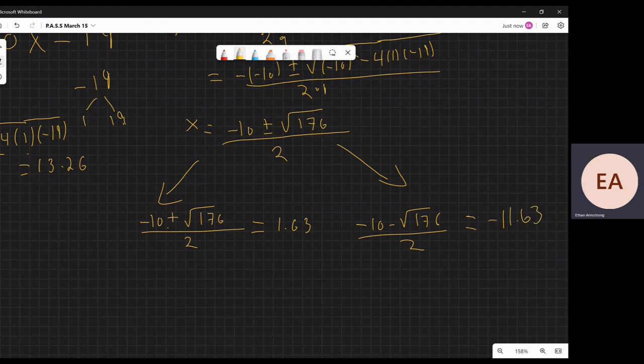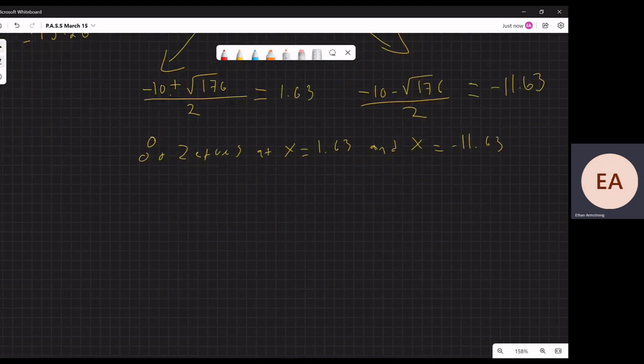So that means our zeros are at x equals 1.63 and x equals -11.63.